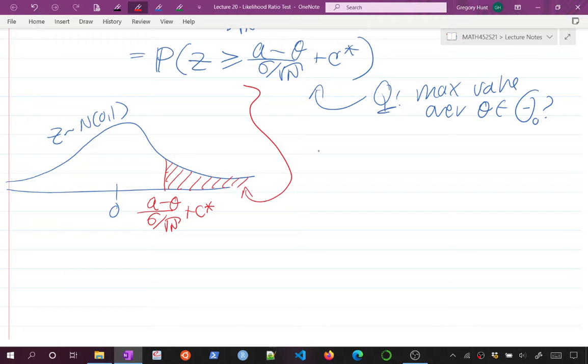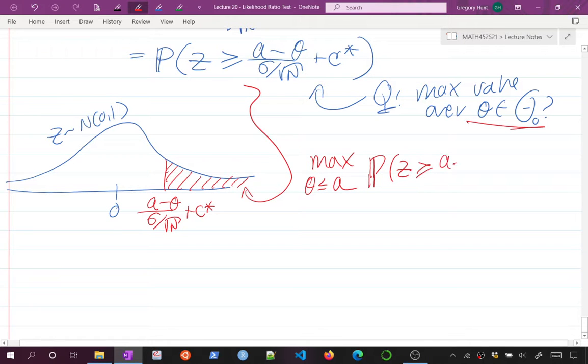So I want to look at the maximum over my null. My null is when theta is less than or equal to a, right? So I want the maximum probability that a standard normal is bigger than (a minus theta) over sigma over root n plus c star, over all theta less than or equal to a, that is all theta in my null. What's the largest this could take on, right?